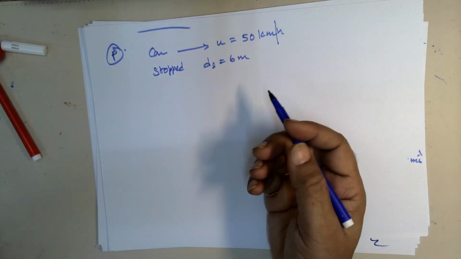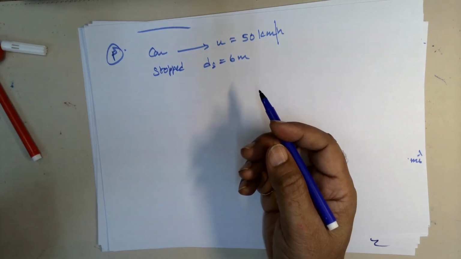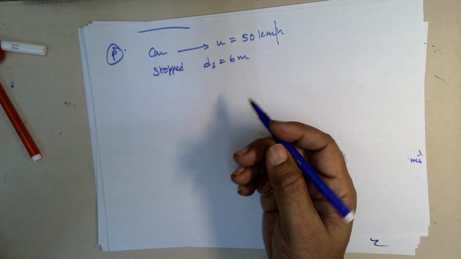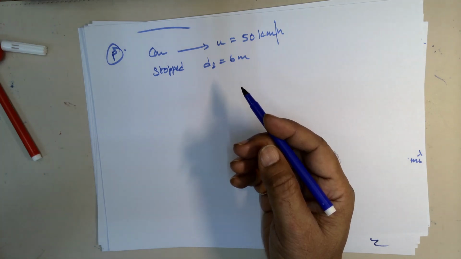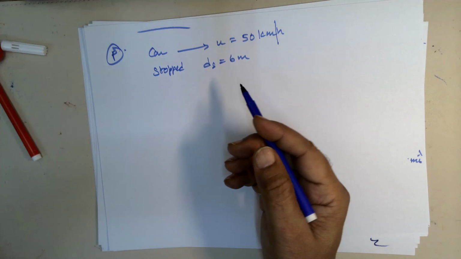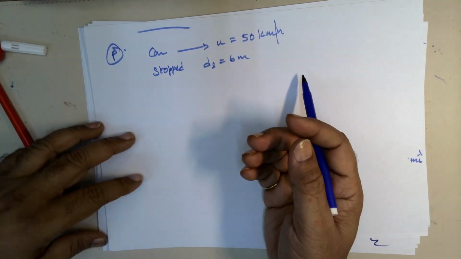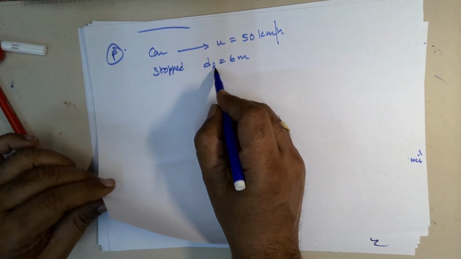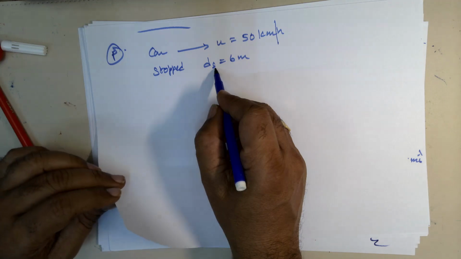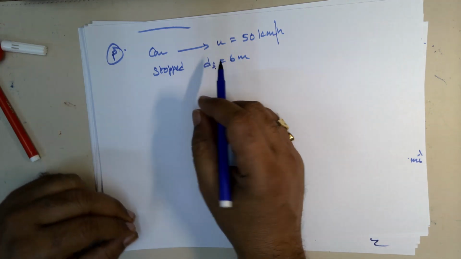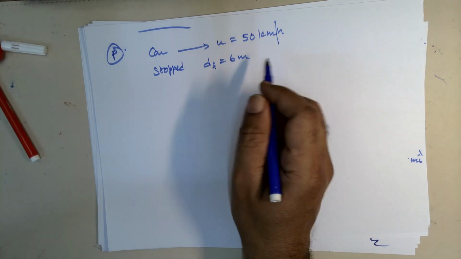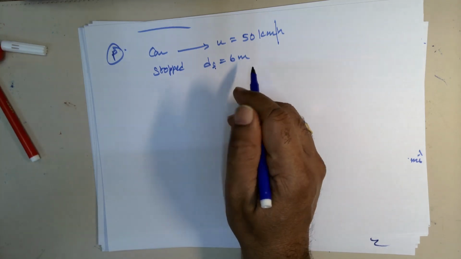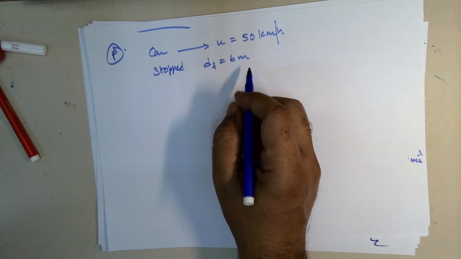After covering 6 meter. It means what? DS represents the stopping distance. So the stopping distance is given here as what? 6 meter.